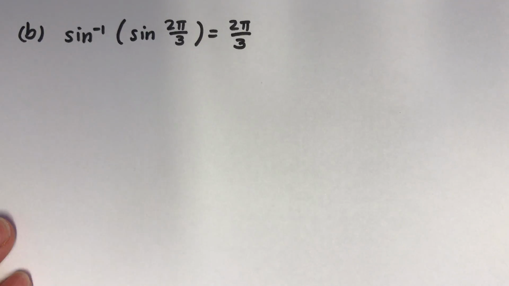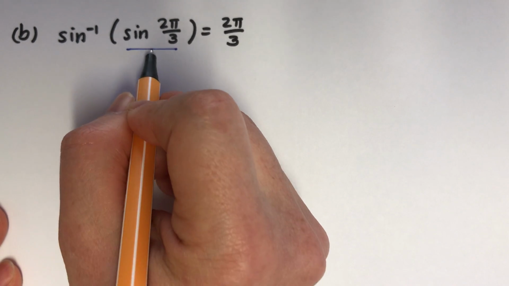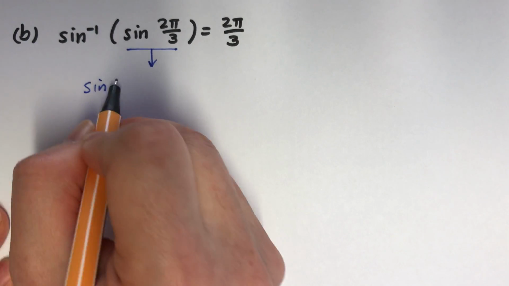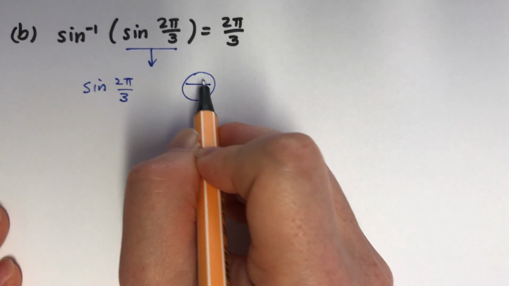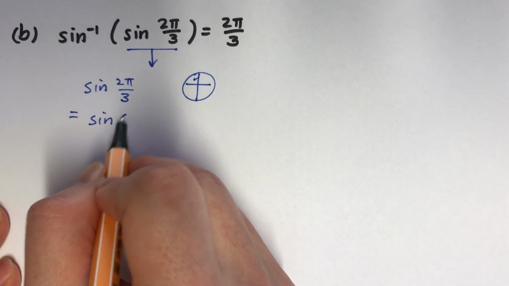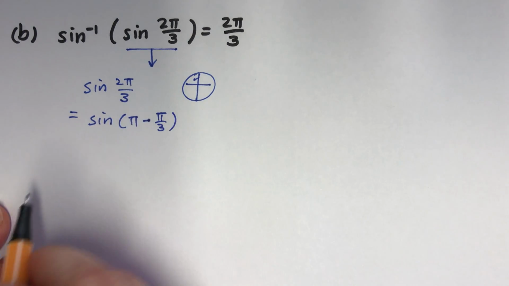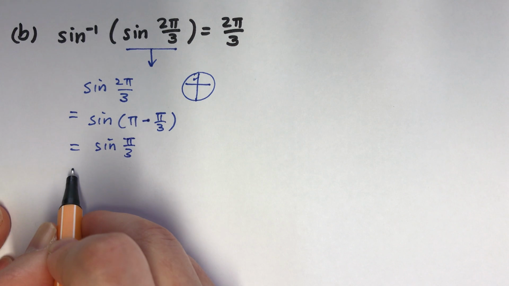Let's have a look at the next one. True or false? I'm going to do the inside bit first. So sine 2 pi over 3 is in the second quadrant. So that means sine pi minus pi over 3. Okay, that means sine pi over 3, and it's positive.